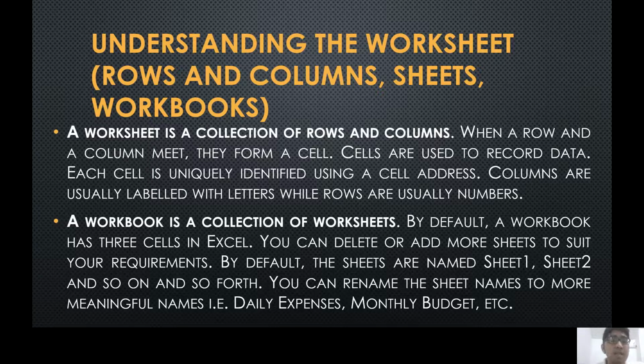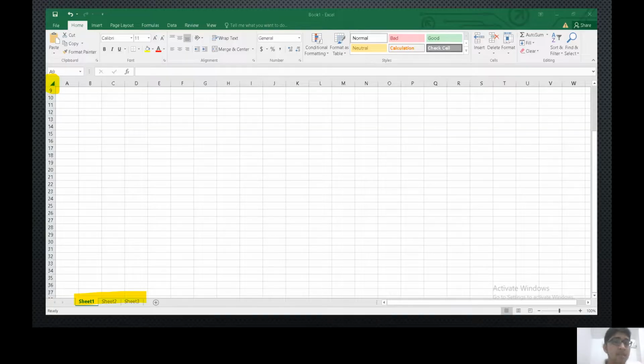You can rename the sheet names to more meaningful names, like for example, daily expenses, monthly budget, and etc. So this is an example of the Microsoft Excel. So dito, makikita ninyo that it is an open Microsoft Excel. Yung nasa screen, which is Sheet 1, is actually an example of a worksheet.